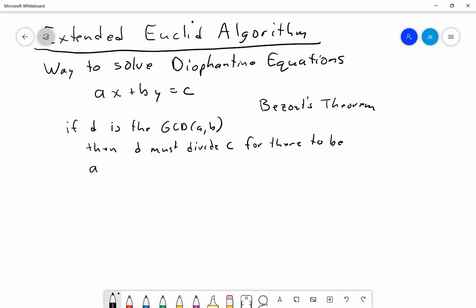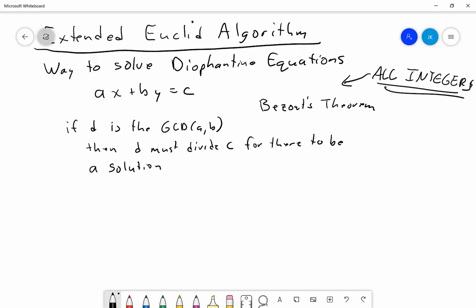And I should have mentioned one other thing, actually very important here, which is that these are all integers. So this is an integer equation.